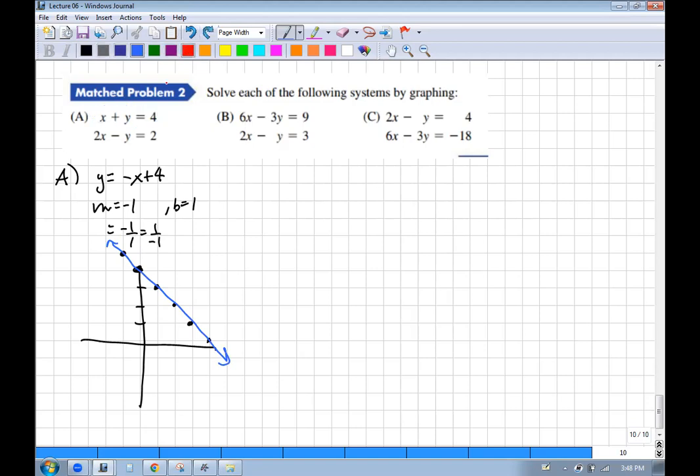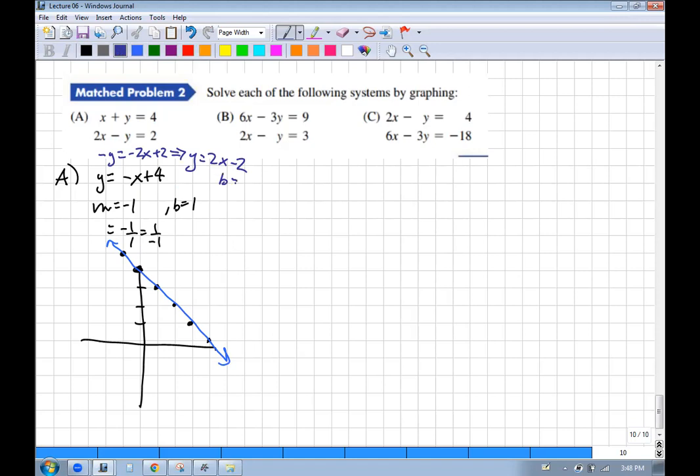What about my second one? I'll do it in dark blue here. I would have minus y if I subtracted my 2x from both sides. Multiply everything by a minus. I get 2x minus 2.